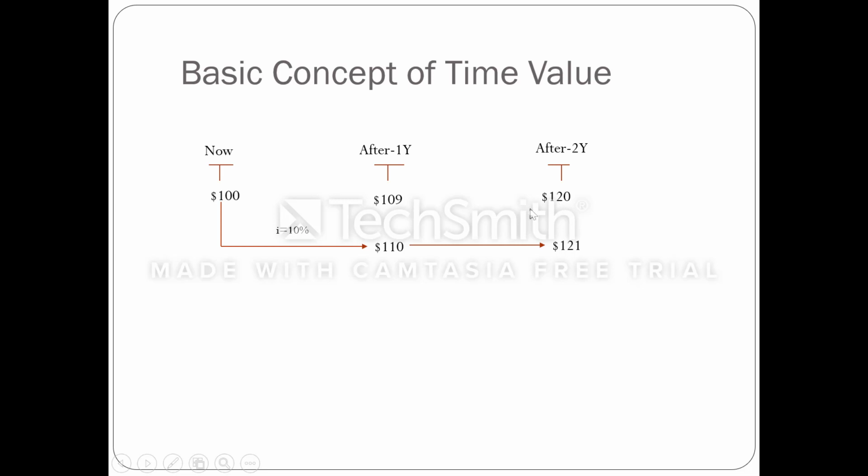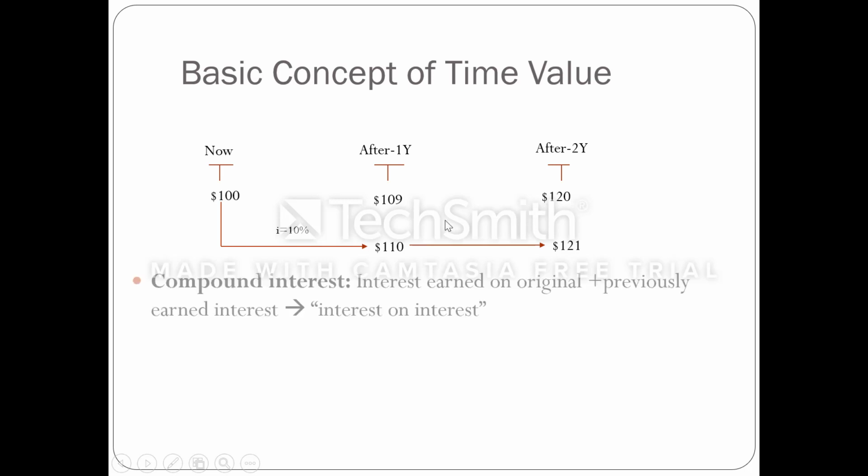So you will basically use the interest rate to determine the cash flow at a single point in time and then do the comparison with the other alternatives, right? This is actually compound interest. Why is it compound interest? In the first year, the interest which you got is just $10.